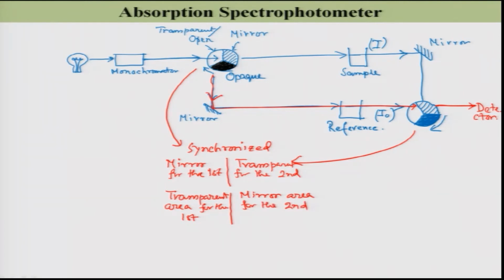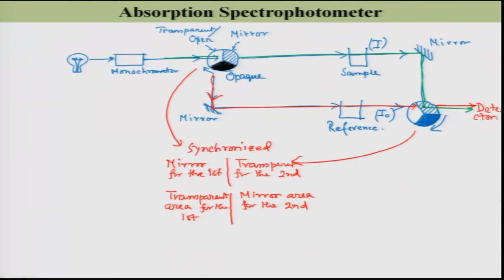That means, when it is transparent, let me take another color over here, it will go through this system, pass through the sample, and then be reflected by this mirror and detected by this detector, right. So, in this case you will be able to measure this I.